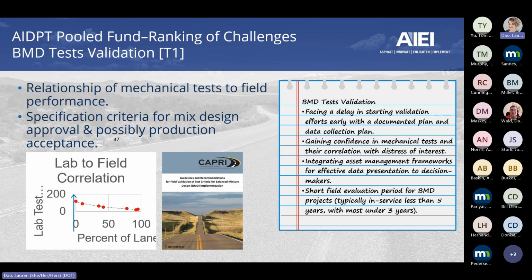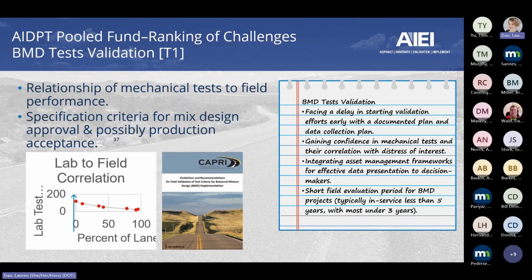I think we're going to hear today from North Dakota, right? There you go. They have a current effort. They put some time into it, they established the plan, and they're doing some test sections to correlate their lab tests to their field performance. Because you need to gain that confidence in the test, as an agency as well as a contractor.